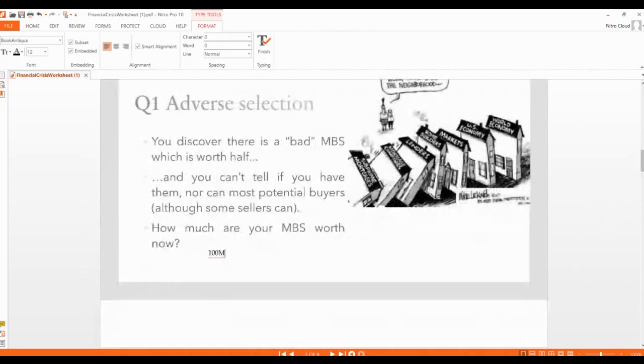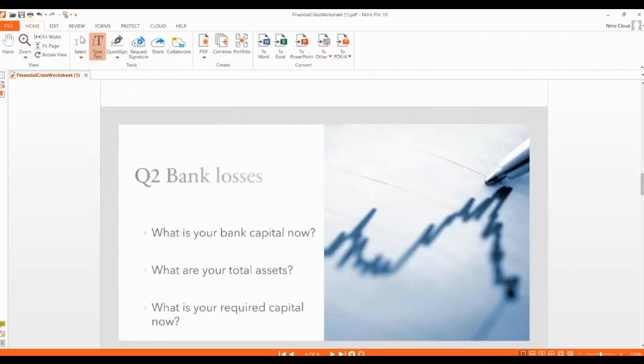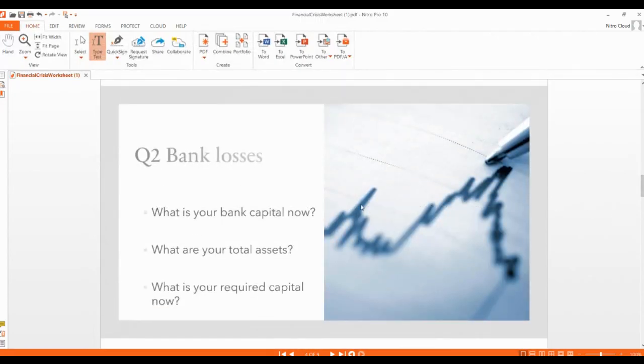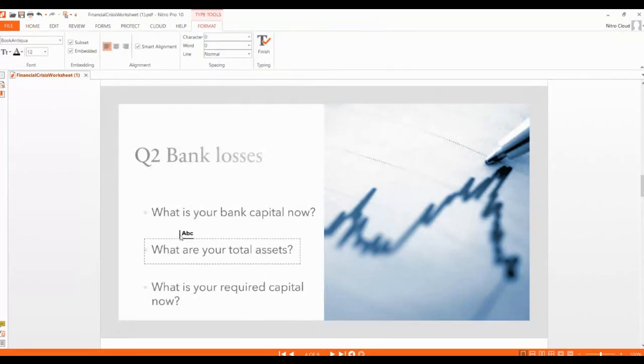Which is a problem, because now your balance sheet has changed. This is an example where, again, your securities have lost value. So what is your bank capital now? Well, to start with, remember, the bank capital was 110. But now we've just experienced a loss of the value of our assets of 100. And you remember, when that happens, that comes out of the bank capital.